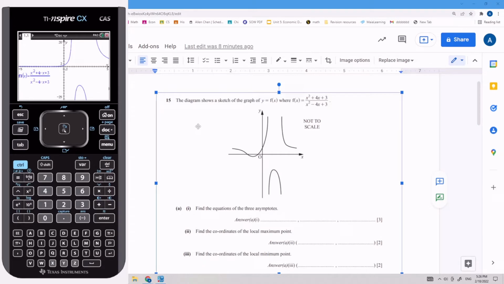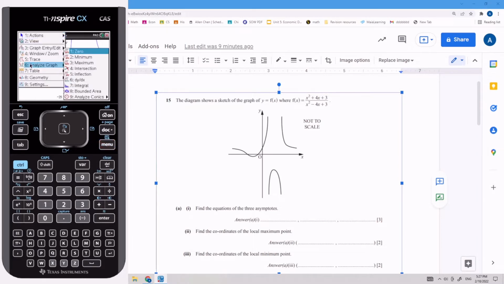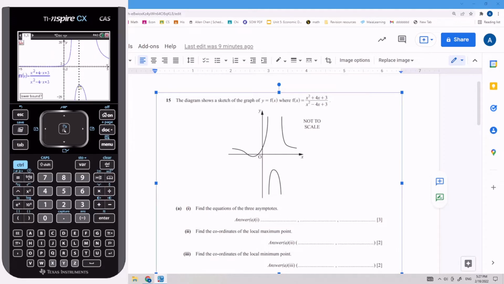To use your calculator to find these points, you can first plot the graph, which I already did here, and then you would go to Menu, Analyze Graph, and here the first three options are zero, minimum, maximum. For this one, we're going to start with maximum, since it's the most obvious where it is.